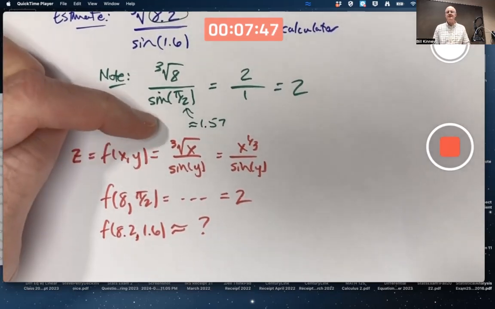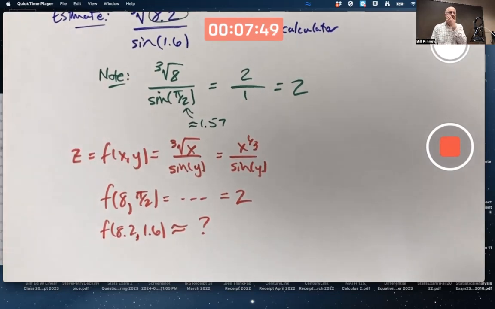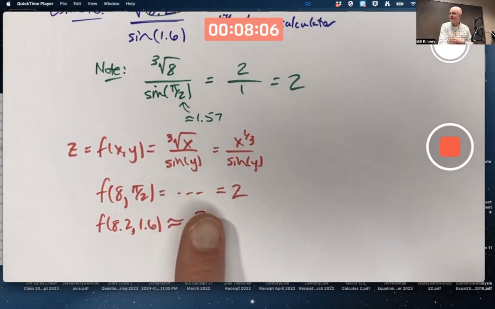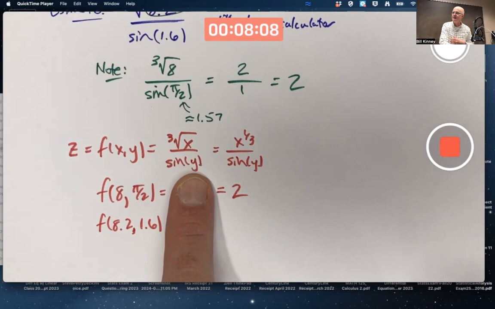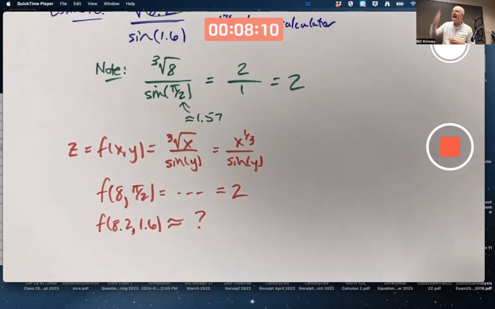This function is a function of 2 variables. It's going to have a graph, some surface above the xy plane in 3-dimensional space. I don't know what it looks like exactly. It will be kind of a crazy surface in some ways. It'll have some vertical asymptotes at certain values of y.